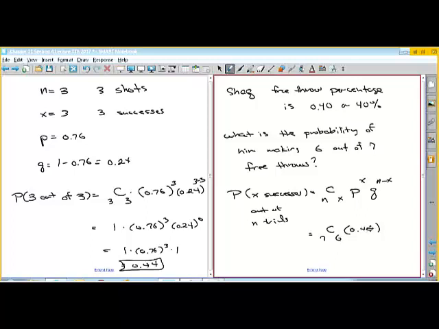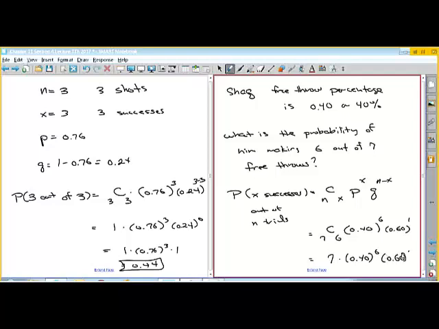So, 7 trials, 6 successes. The probability of success is 0.4. We have 6 successes. The probability of failure is 0.6, and we have 1 failure. So this is 7 minus 6. Again, because this number is 1 less than that, it's just 7. I chose it so I didn't have to calculate it.